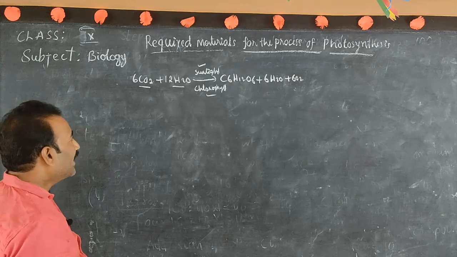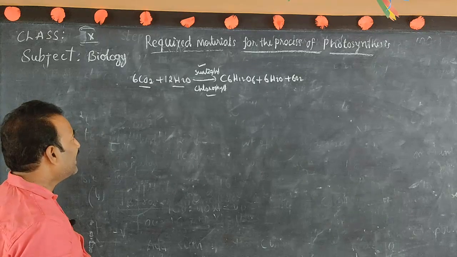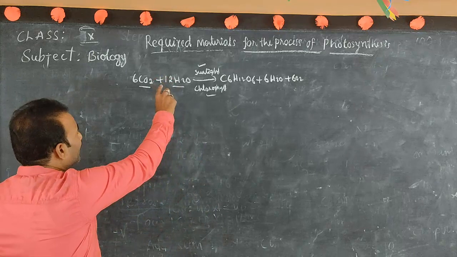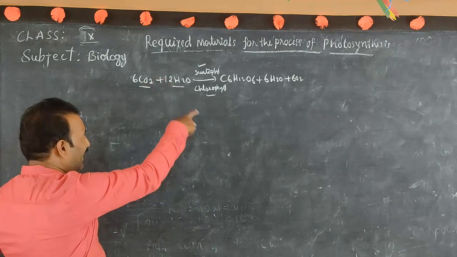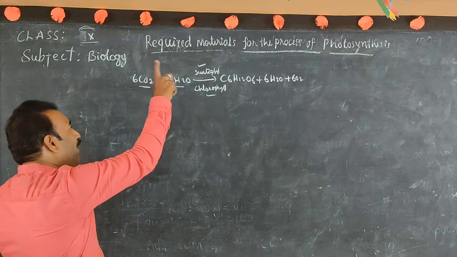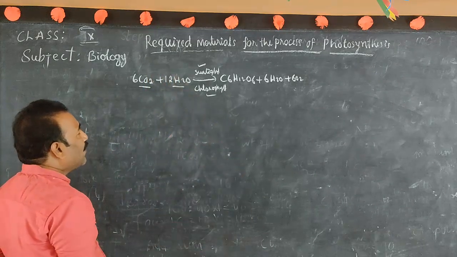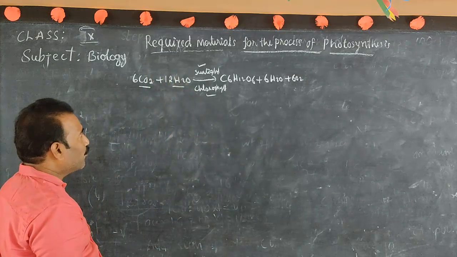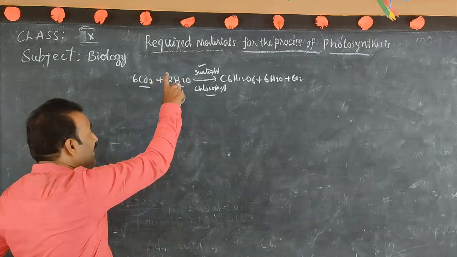Suppose the availability of carbon dioxide is very less, then what will happen? The rate of photosynthesis will also be very less. In the same way, the remaining factors, even water. If water is available sufficiently, the rate of photosynthesis will be maximum. If water is not sufficient, the rate will be very less. In this way, every factor controls or influences the rate of photosynthesis.